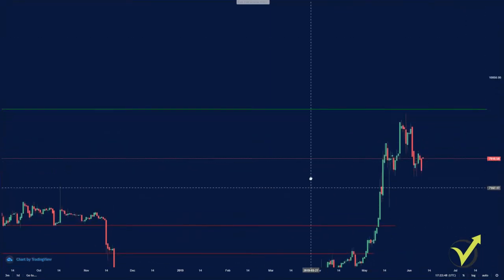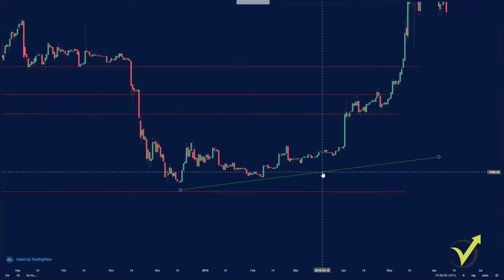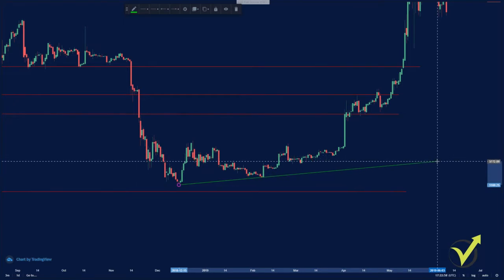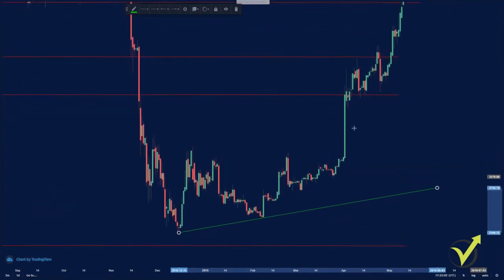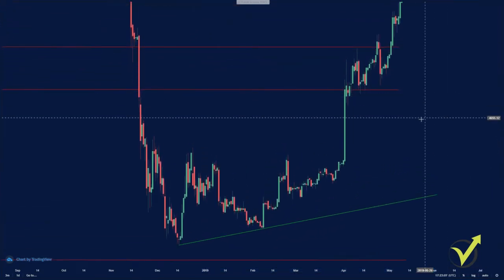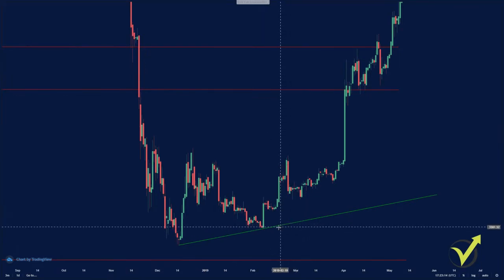Make sure always to do your drawings precisely, even if it takes you some more time. It is very important because for this system we will use the break of the counter trend line, which I will talk about a little bit later. And if we don't draw it precisely, it might cause us some losses or we might miss some profits.